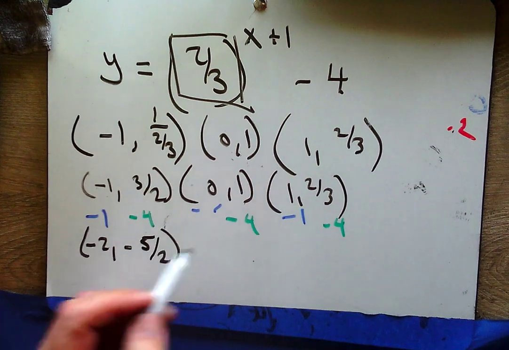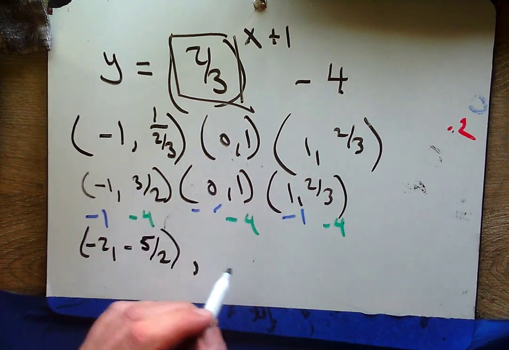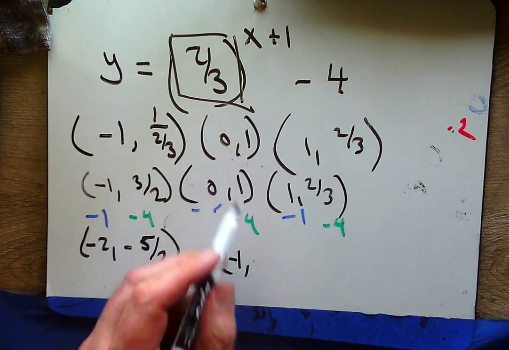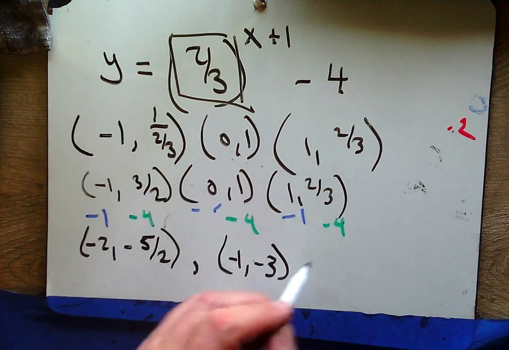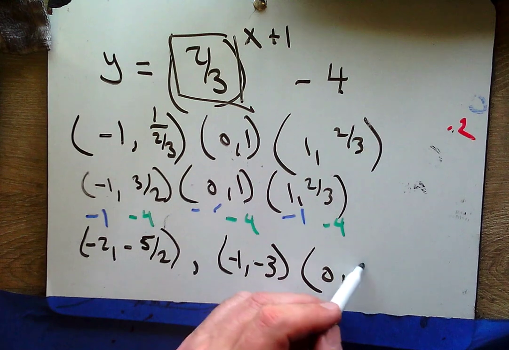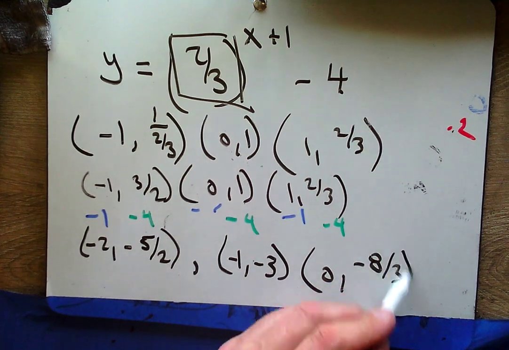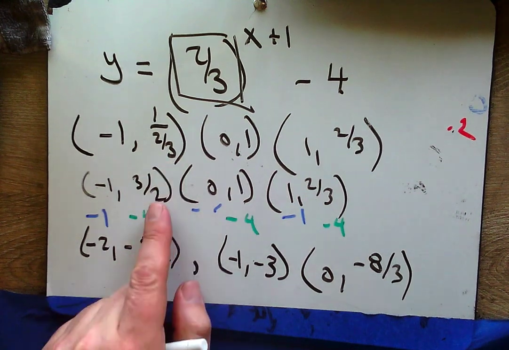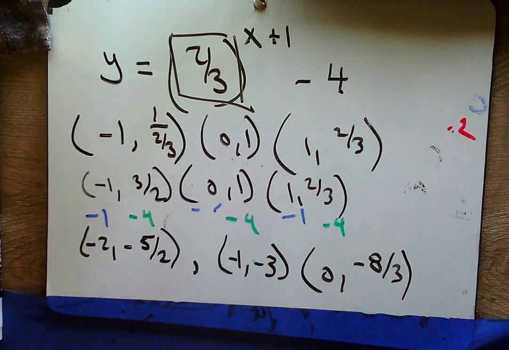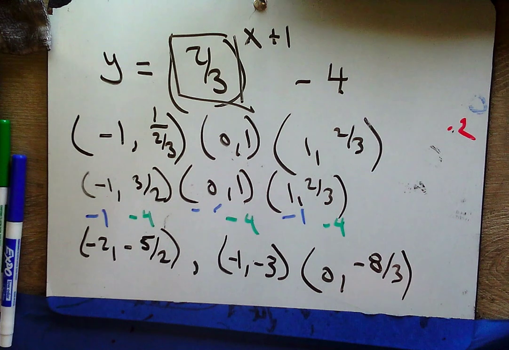Okay, there's one ordered pair. And then I've got negative 1, negative 3, and 0, negative 8/3. Am I missing something? No, I think that's it. Okay.